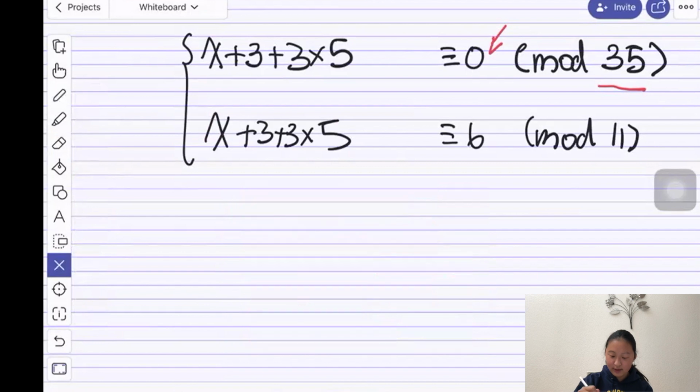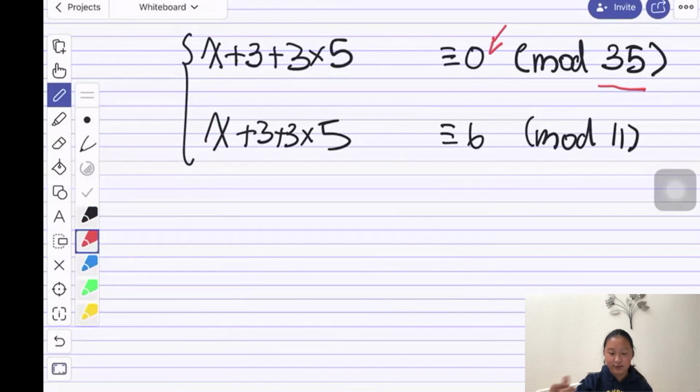So maybe instead of doing this, why don't we try subtracting instead? So let's do 6 minus 35. And this is equal to negative 29.